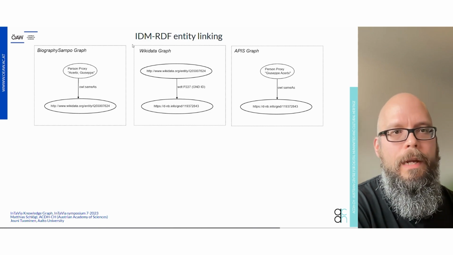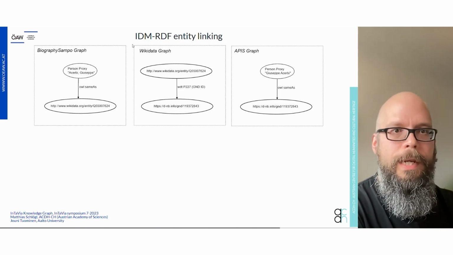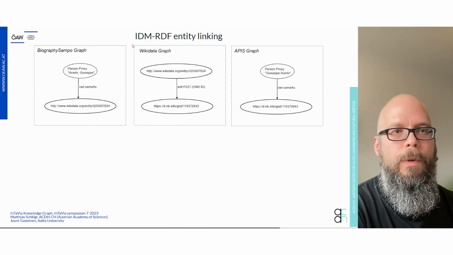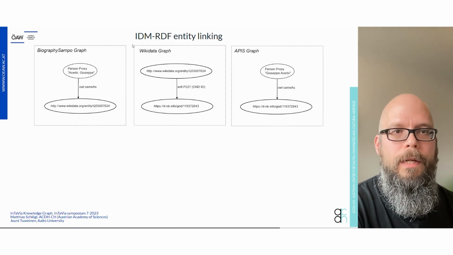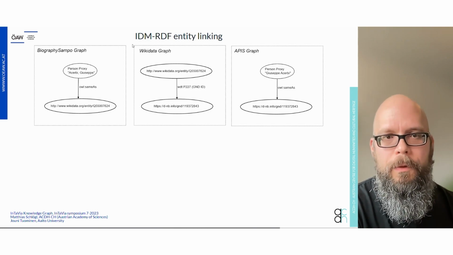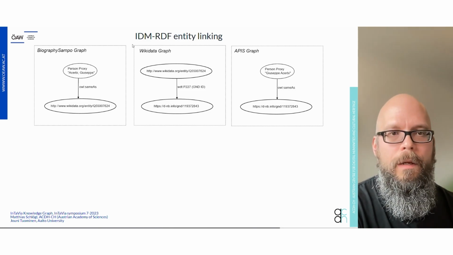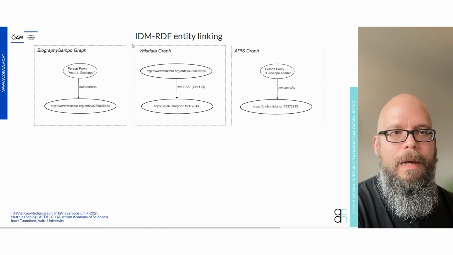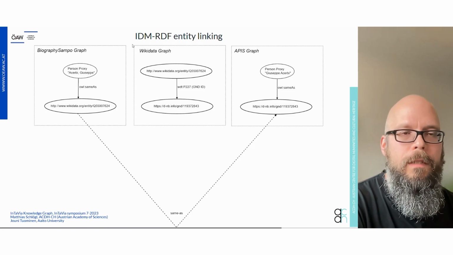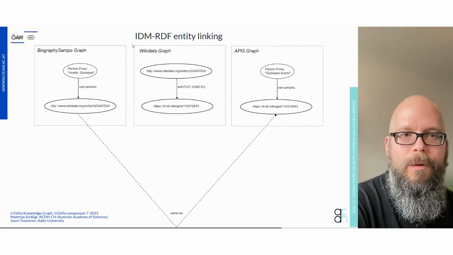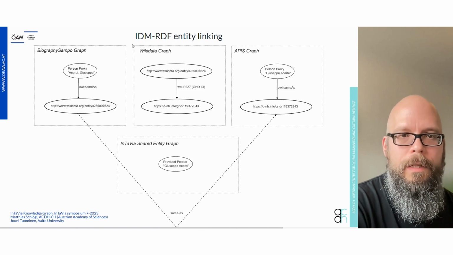And then we can in addition take into account Wikidata, so we can query the Wikidata graph, and we can see that actually in Wikidata, this Wikidata entity has been mapped to this GND entity with the GND ID relation. And if we use this information, we can infer that this Wikidata entity and GND entity are actually the same thing.